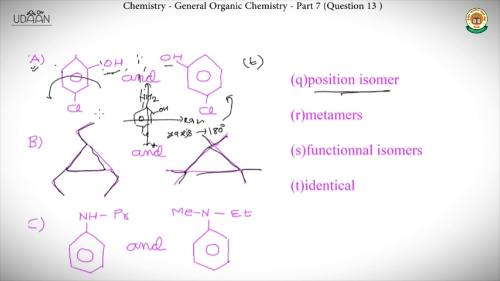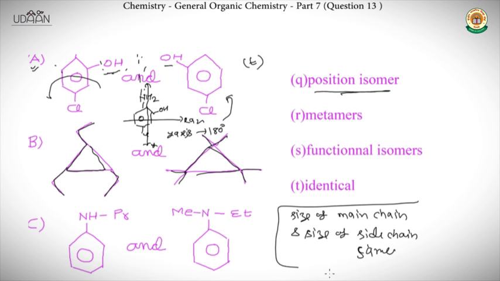As we know from the definition of chain isomer, the size of the main longest chain and the size of the substituents or side chains will differ.